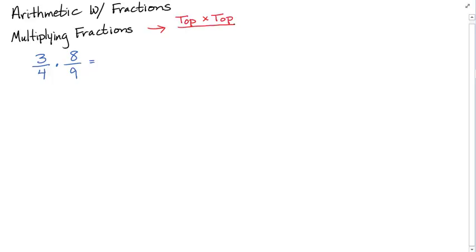To multiply fractions, basically you're going to take the top times the top and the bottom times the bottom. It's that simple. One thing that makes it simple, and you need to remember, you do not need common denominators. So don't try to find them and use them. You can just use the fractions as they are.